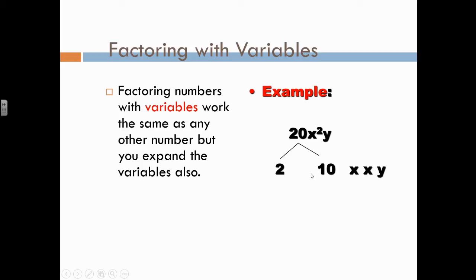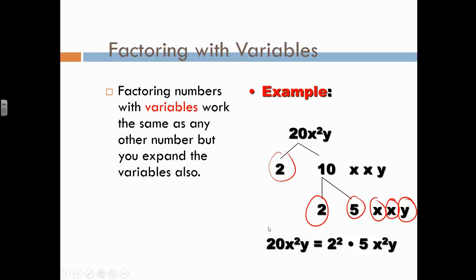Circle the 2 and keep breaking down the 10. 10 breaks down into 2 times 5, x times y, and yes, 2 is prime. 2 is prime, 5 is prime, x is, well, I don't know what x is, but I'm going to consider it to be prime right now. The other x is prime and the y is prime. So if I put it all back together, and this one's already worked out for you on your notes, it would be 2 squared times 5 times x squared times y.